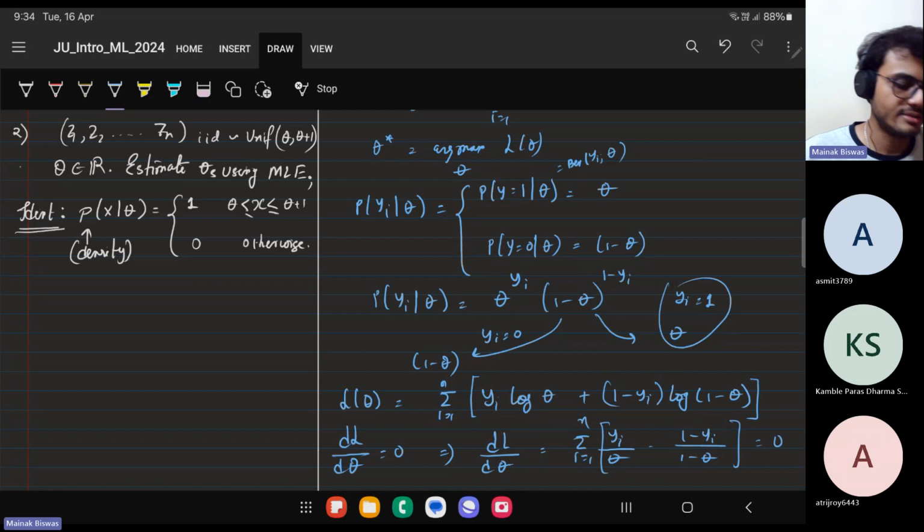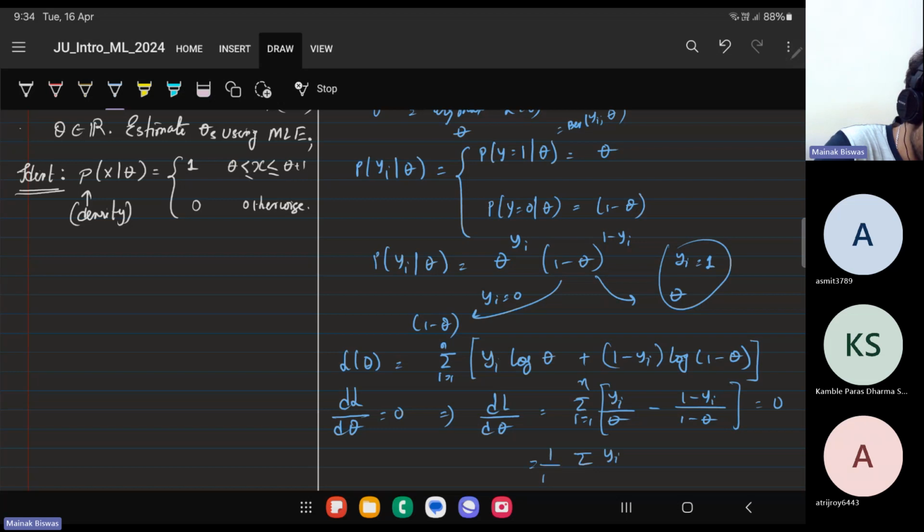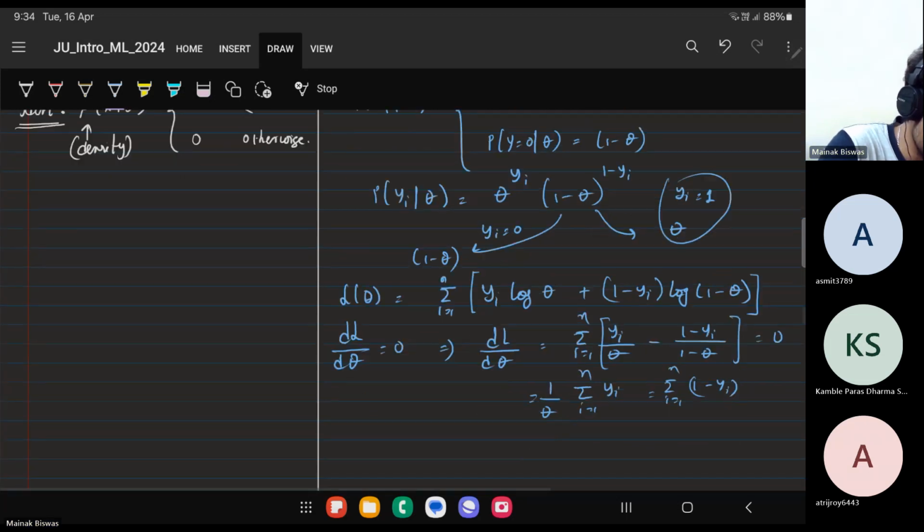Correct? So I can write this as yi times 1 by theta, summed over i equal to 1 to n, equal to the summation of i equal to 1 to n. Clear?